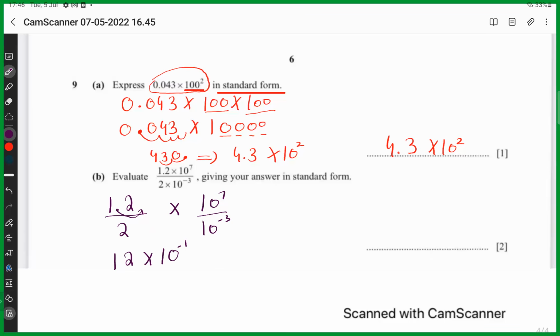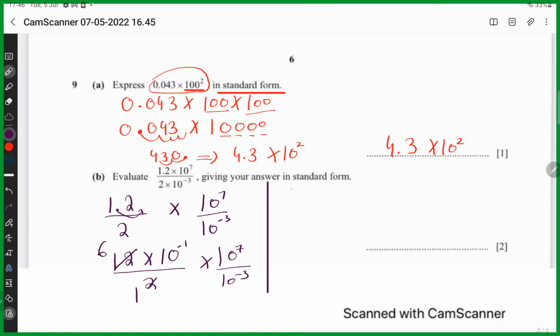And now the number is 12 into 10 power minus 1. And now it is being divided by 2. And it's being multiplied by 10 power 7 divided by 10 power minus 3. Okay. All right. It's easy. 2 goes into 12 six times.